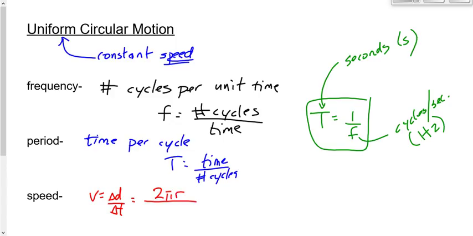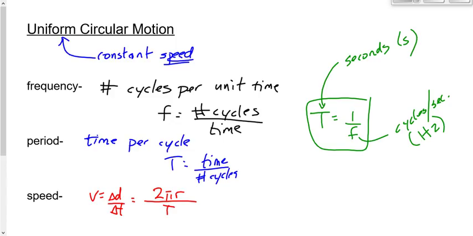But if we're going to use the distance around the circle once, then we have to use the time around the circle once. What is the time around the circle once? The time for one revolution, the time for one cycle. What is it? Yeah, it's the period. So we're going to tailor this equation, v equals d over t, to v is equal to 2 pi r over T, the period.